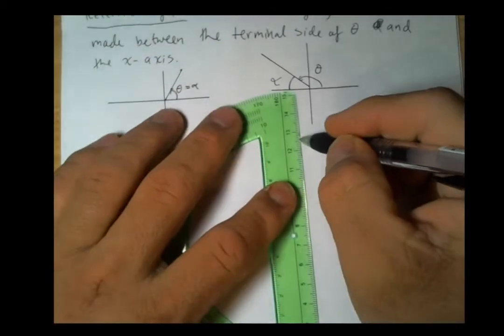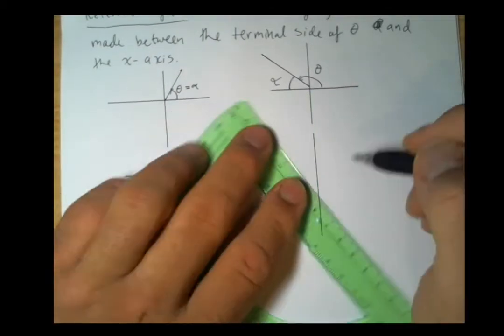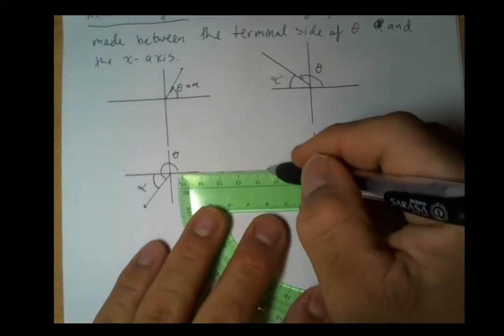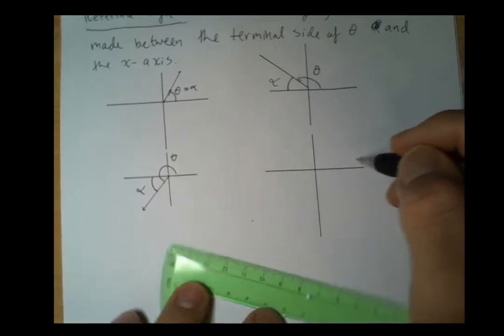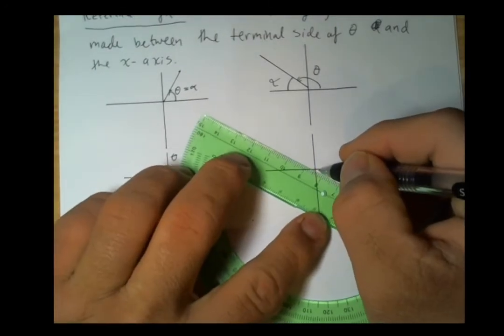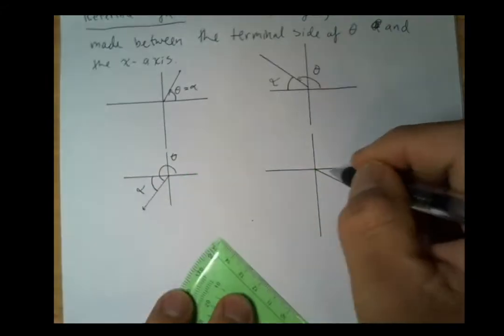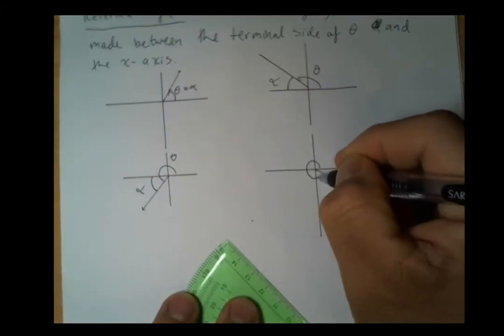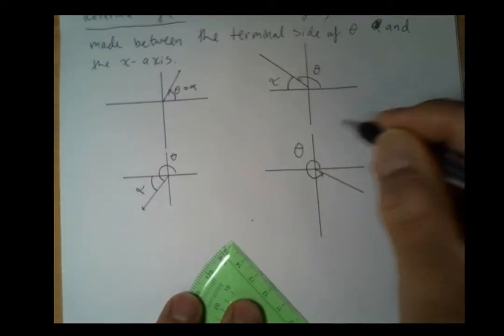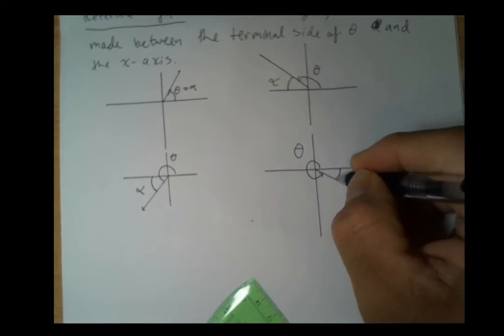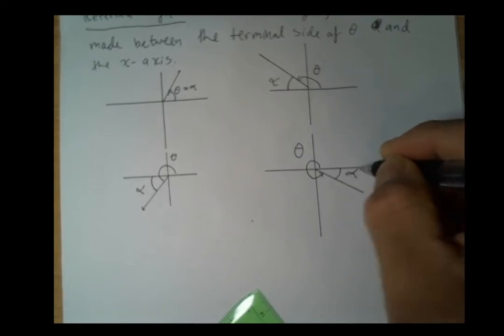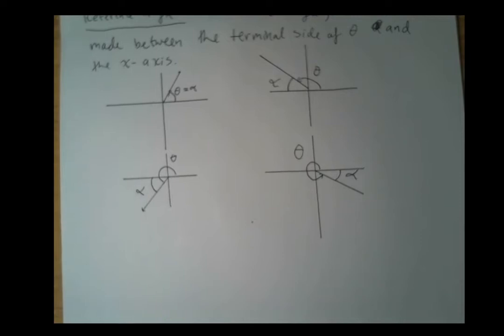And then the final possibility, an angle in standard position in quadrant four. If this was theta, then our reference angle would be that angle made with the x-axis right there.